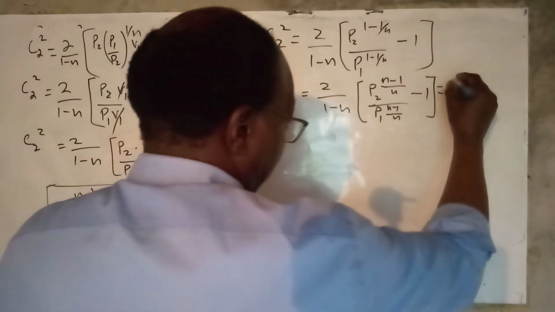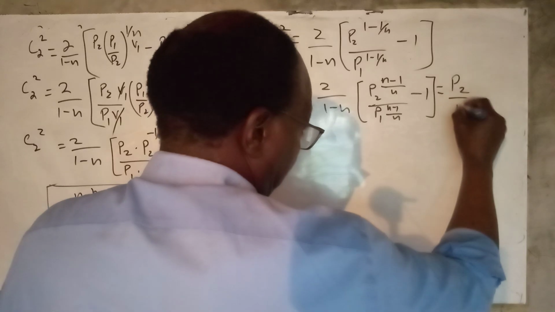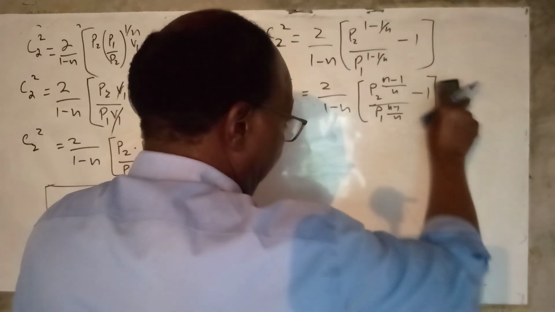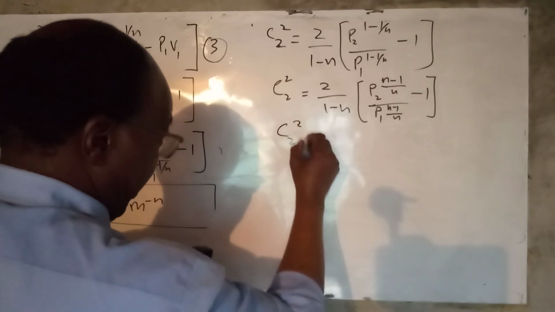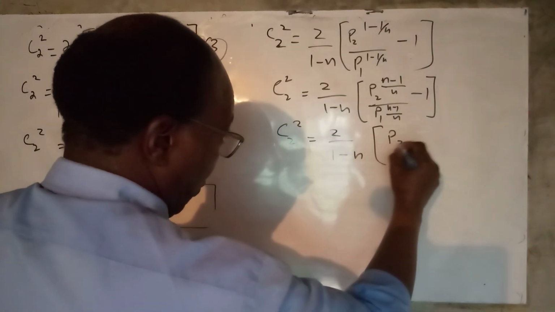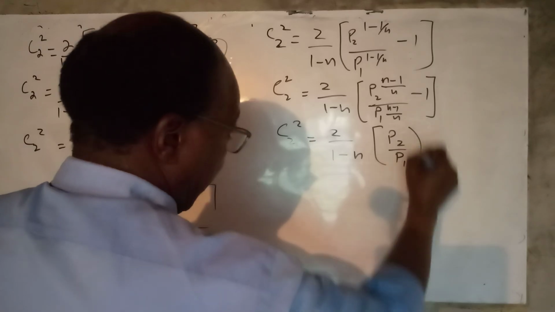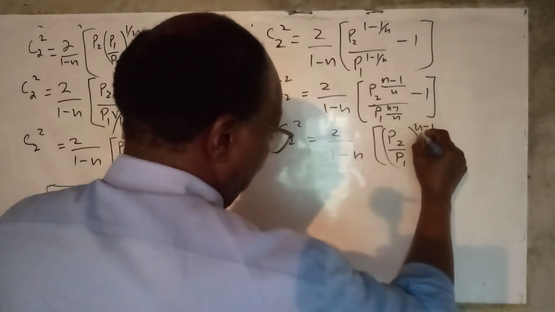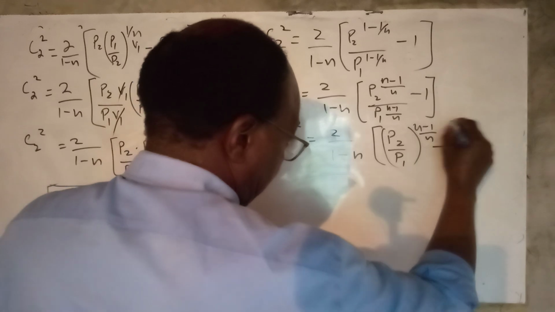It simplifies further to P2 over P1. So C2 squared will be 2 into 1 minus n into P2 over P1, n minus 1 over n minus 1.